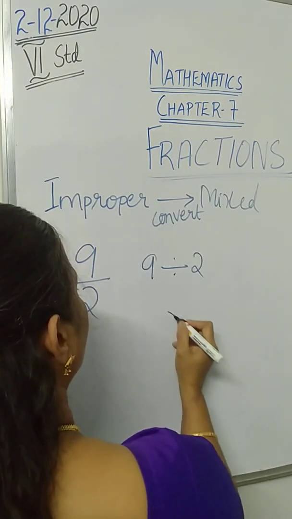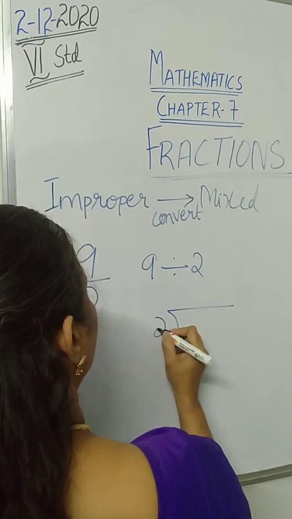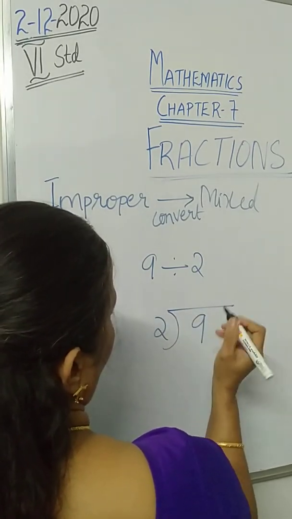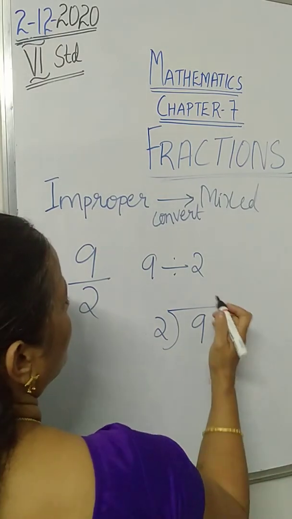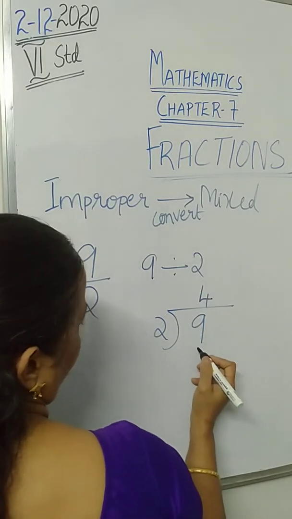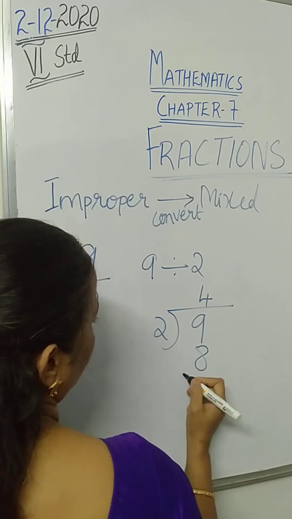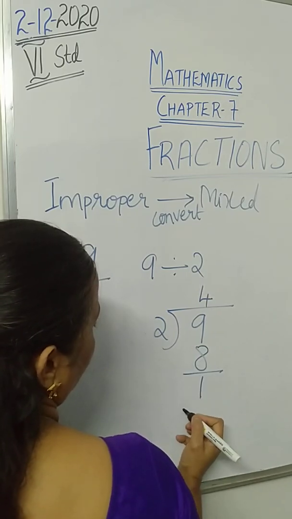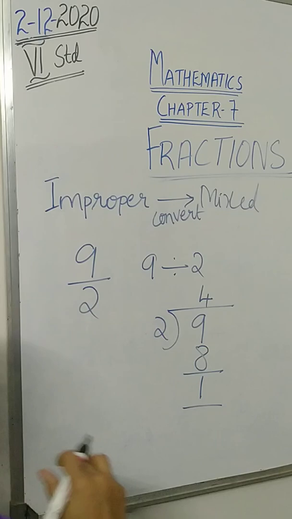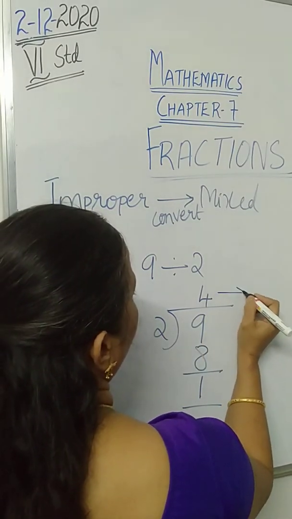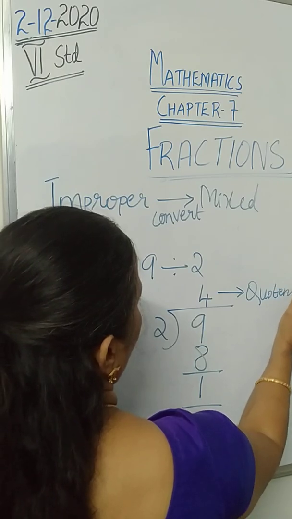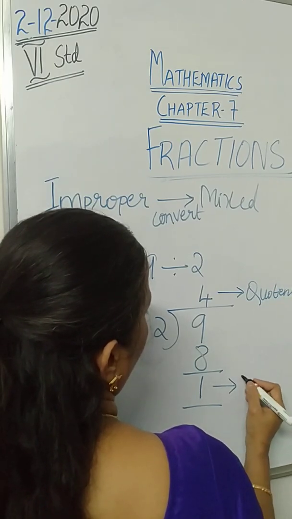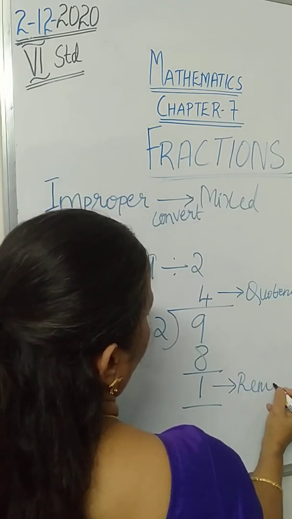Let us divide now. 2 is the divisor here. 9 is the dividend. Let us divide. Now 2 4s is 8. Is it or not? 8. What is the remainder? Remainder is 1. Yes. Now here what do we get here? This is a quotient. Is it or not? This is the quotient. What is this called? It is the remainder.